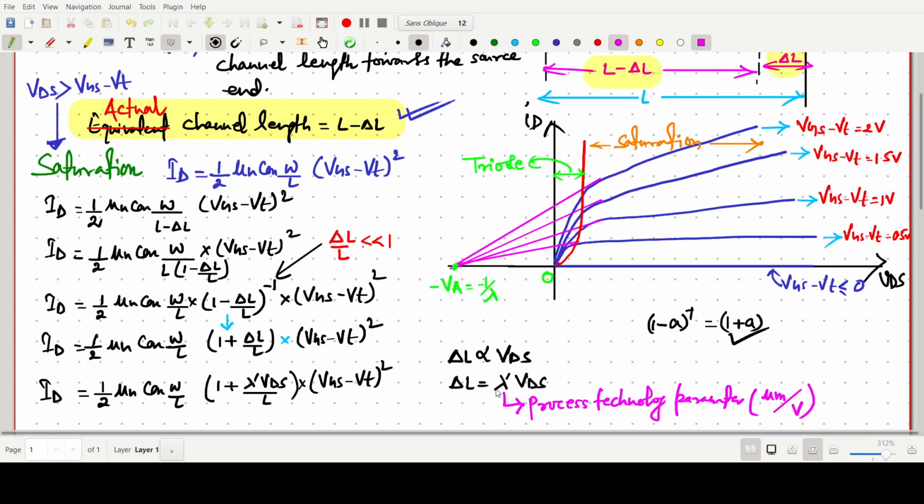This lambda dash, okay, this is important. Once again, I am highlighting this point: delta L is proportional to supply voltage. So now this one we have written like this.